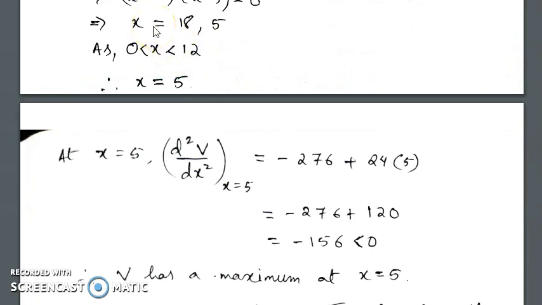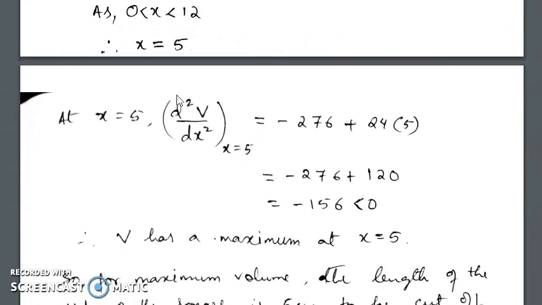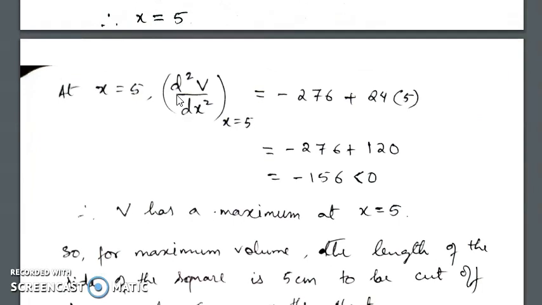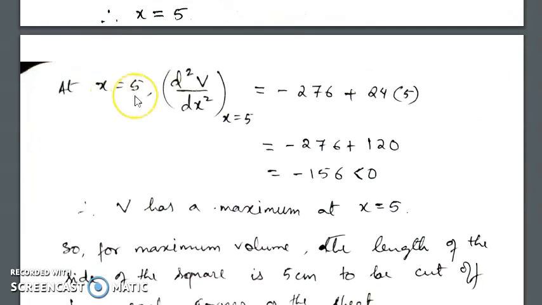So under this condition, what value of x can we take? Can we take 18? 18 cannot be taken because it is greater than 12. So we can take only 5. So therefore x equal to 5. Next we go to the third step of the working rule. At x equal to 5, what will the second order derivative be?